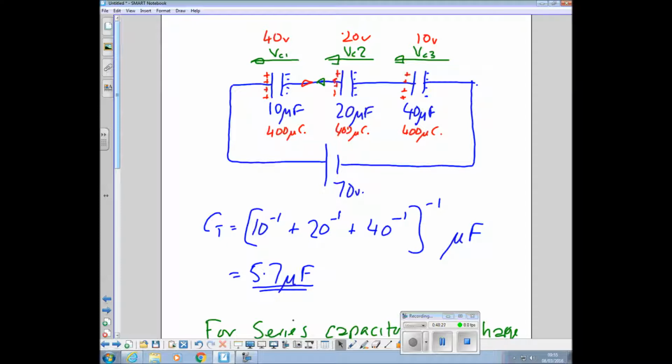It would need to be the full 70 volts working, because it could, under certain conditions, end up with 70 volts across it. So it's very unusual for capacitors to be connected in that way, other than to make up an unknown value, or because they exist in regards to other factors within the circuit.